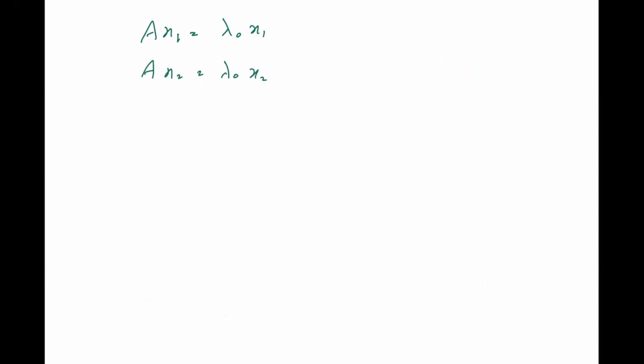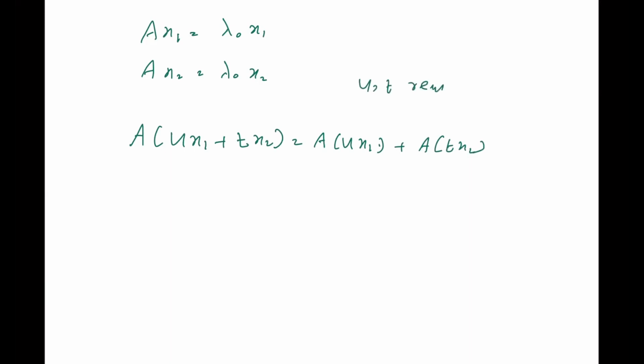Then consider something like this: u x1 plus t x2. A times this is equal to A times u x1 plus A times t x2, because u and t are real numbers, so you can take them out. You can write u A x1 plus t A x2.